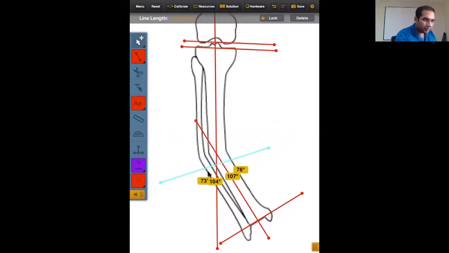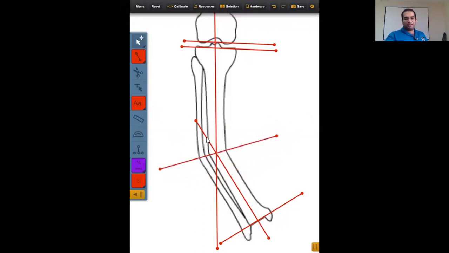I have cut this 149 degrees into 2 equal halves. Same here. This angle has been divided into 2 equal halves. So I have bisected this larger angle. It's a bisector line which has divided this larger angle into 2 equal halves.